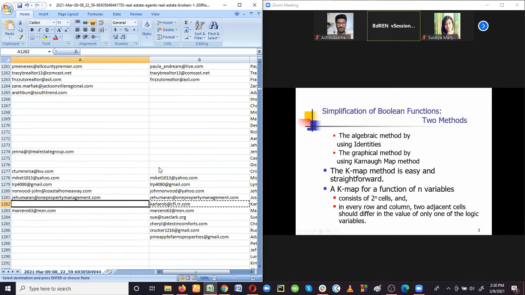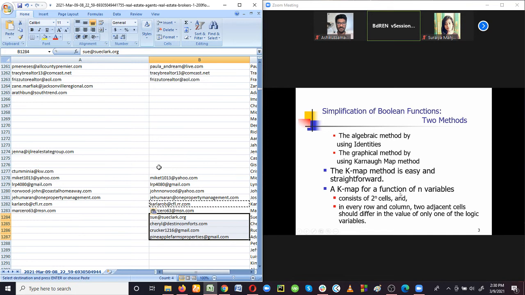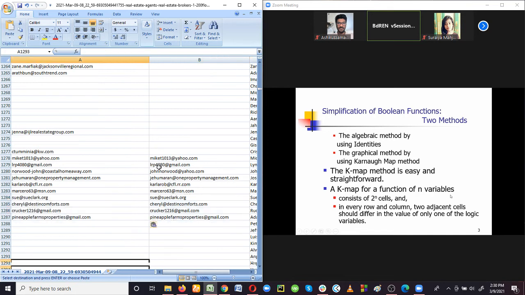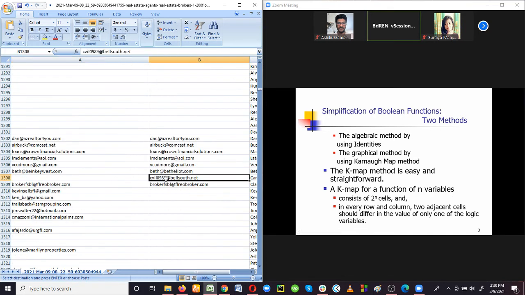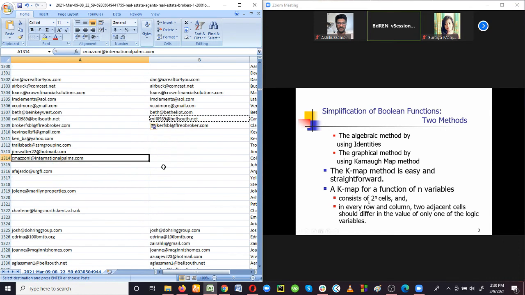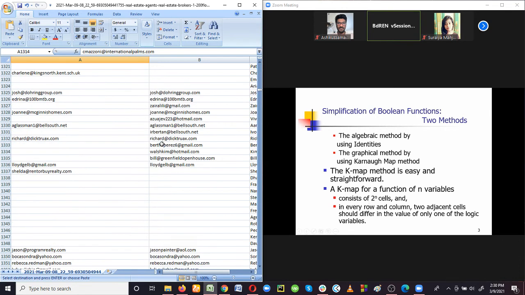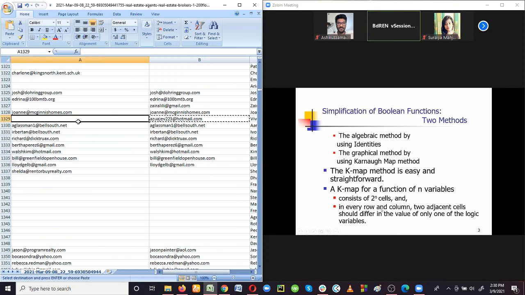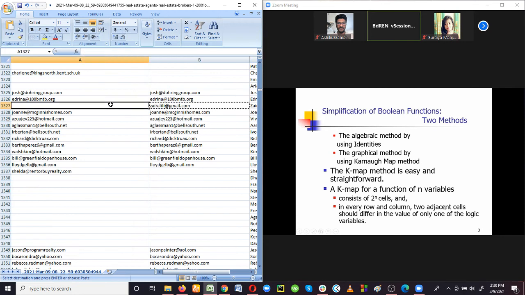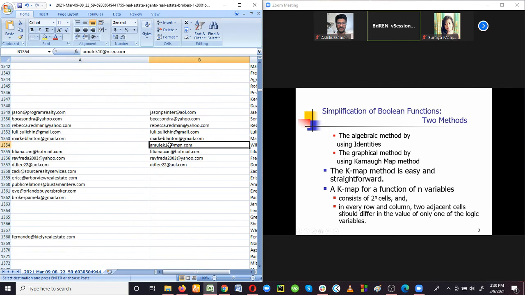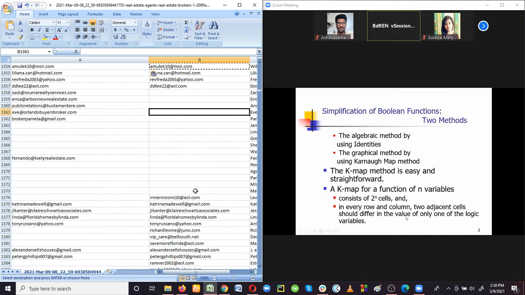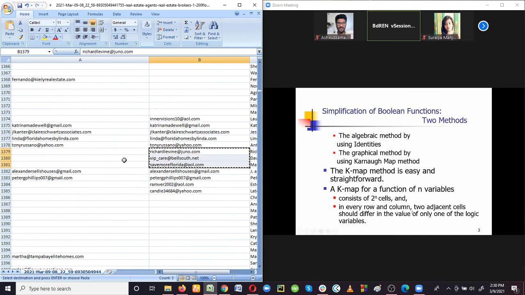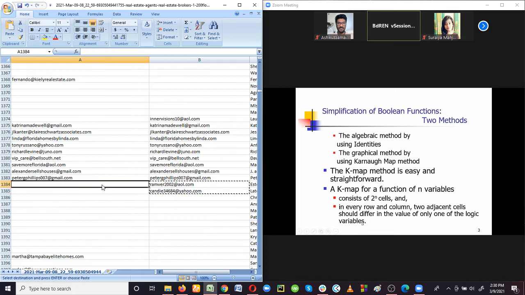A K-map for a function of n variables consists of 2 to the power n cells, and in every row and column, two adjacent cells should differ in the value of only one of the logic variables. These are the attributes of K-map.